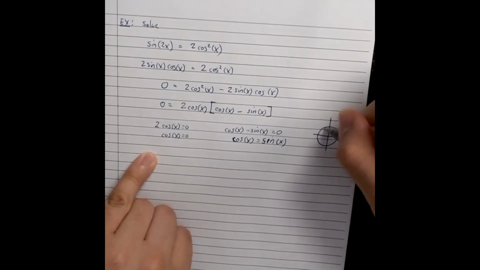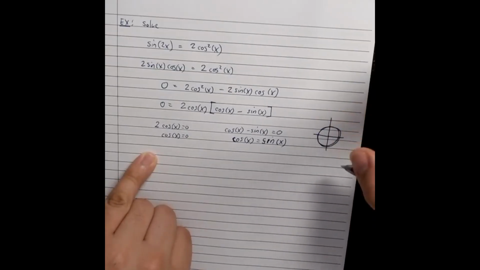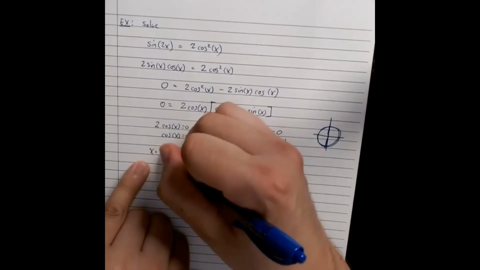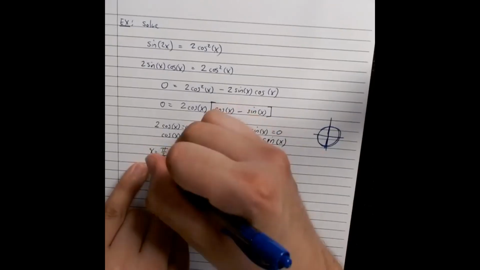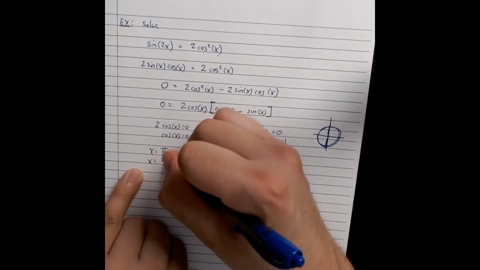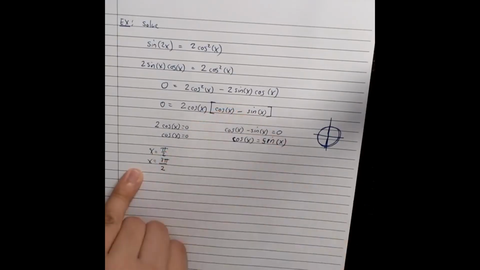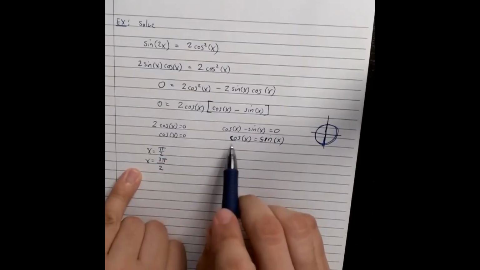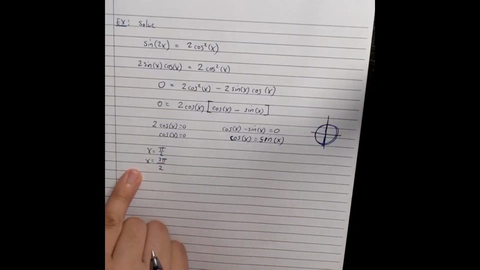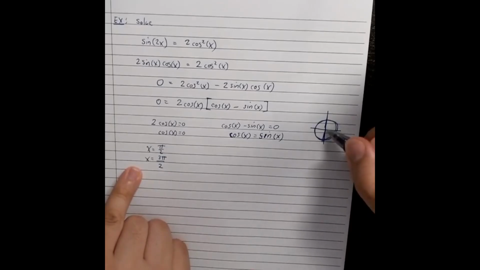The places where cosine of x is equal to 0 on the unit circle are pi over 2 and 3 pi over 2. Here, I want to find the places where cosine of x and sine of x are equal to each other. Well, there's two places where that happens.